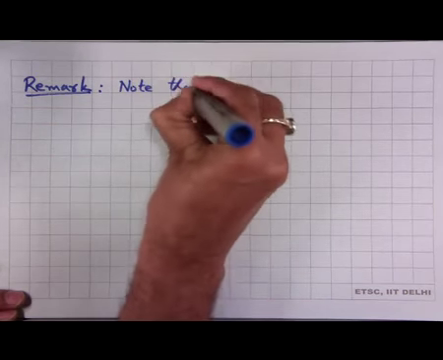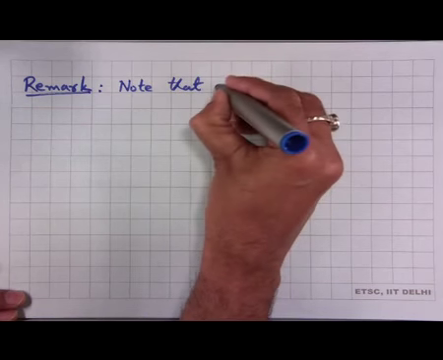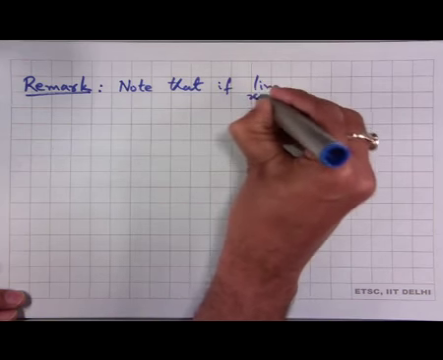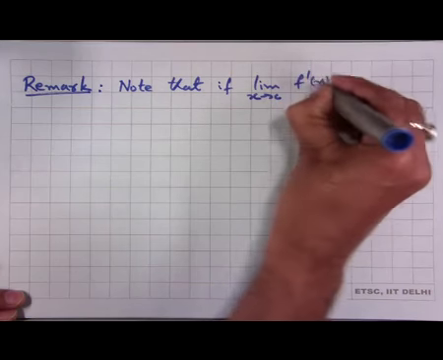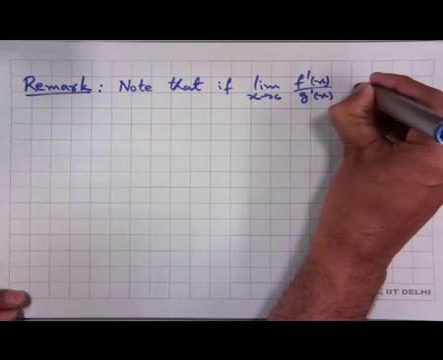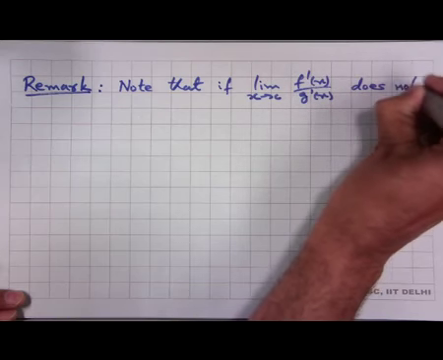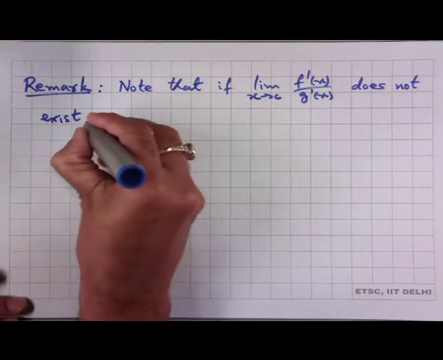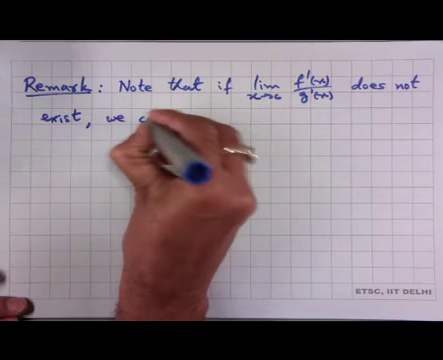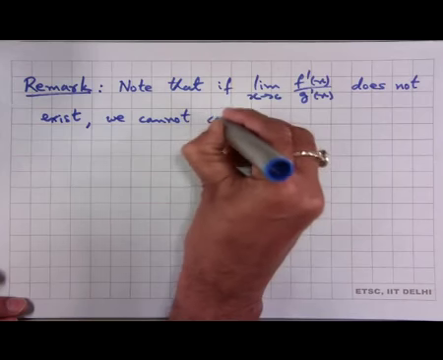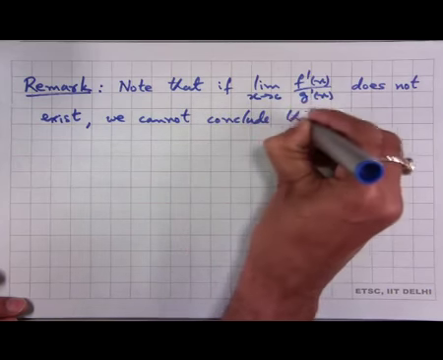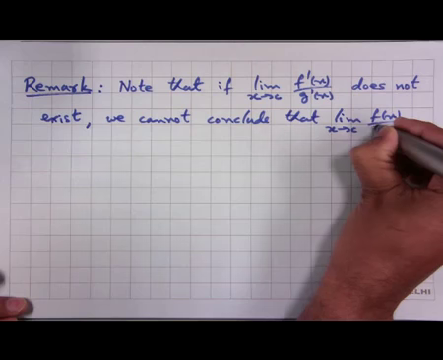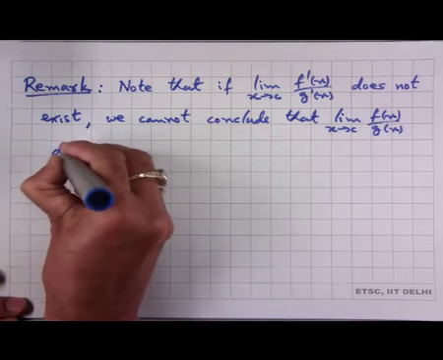Note that if limit x going to c of f prime x by g prime x does not exist, we cannot conclude that the limit of f x by g x does not exist.